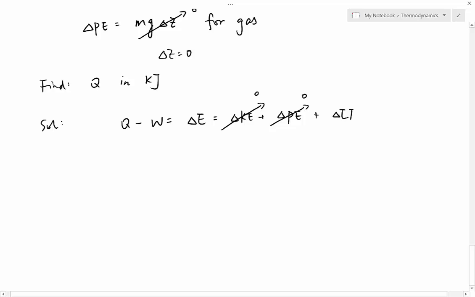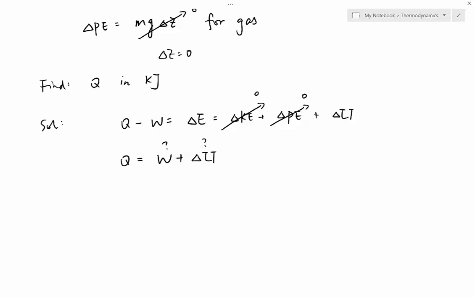We're looking for heat transfer, so move Q to the left-hand side and everything else to the other side. It becomes Q equals W plus delta capital U. In order to find Q, we just need to find W and delta U. As long as we can find those two terms, we can find Q easily.